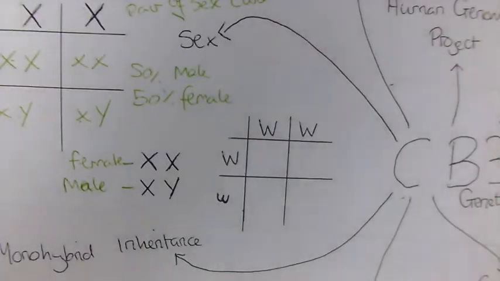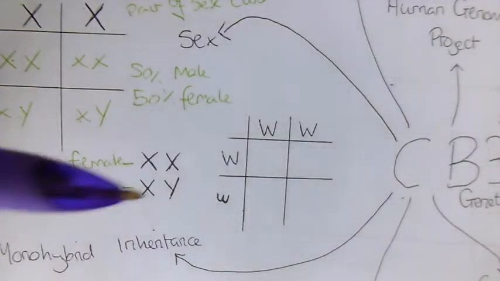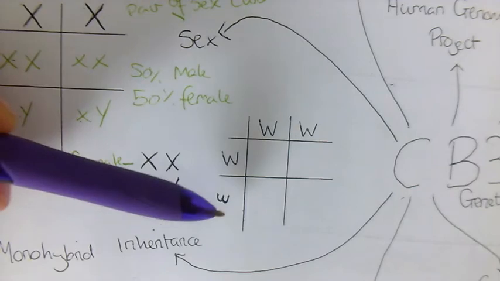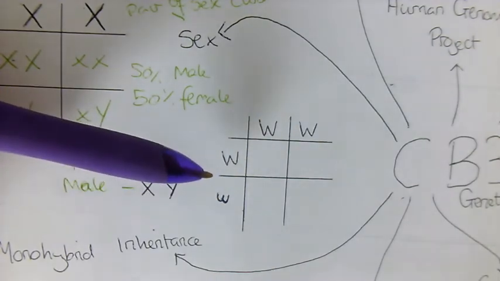Another example of using a Punnett square is with this big W and small w.